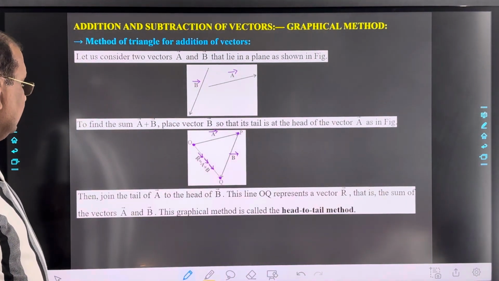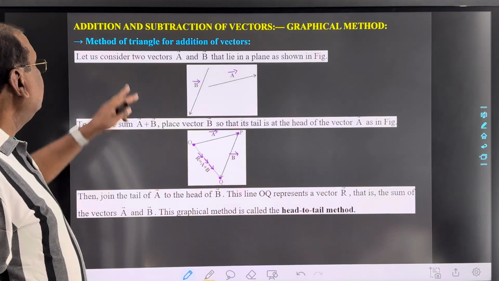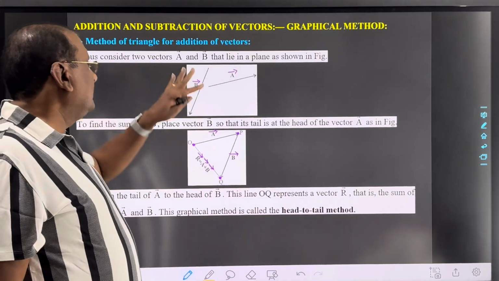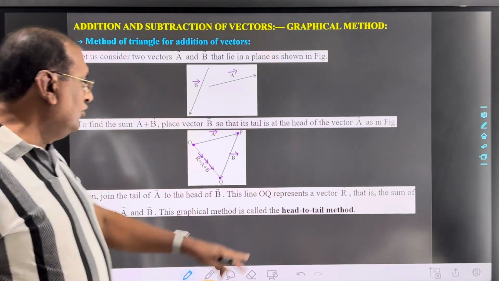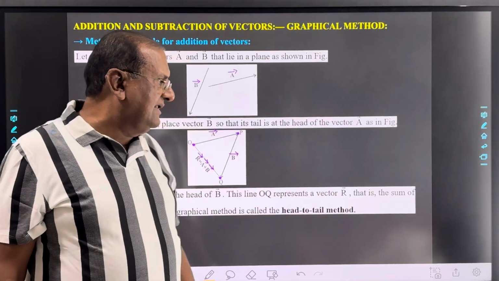So we can say this is the triangle method for addition of vectors, and sometimes it is also known as the head to tail method.